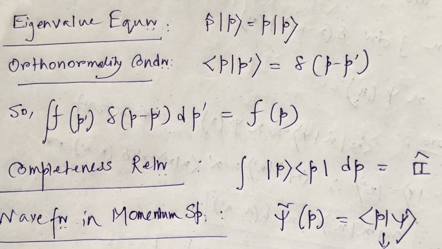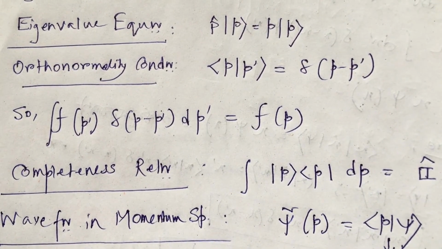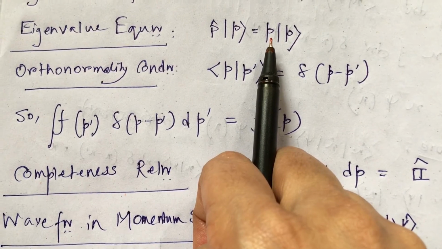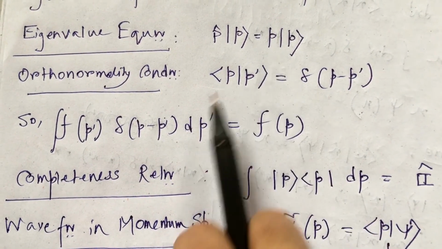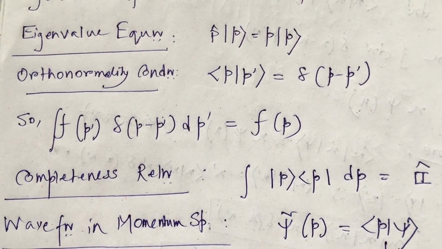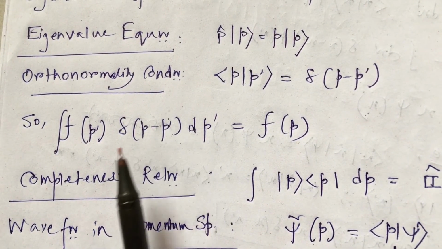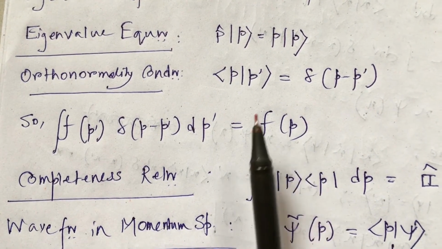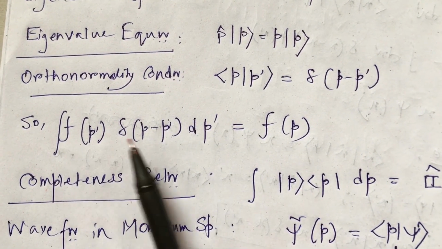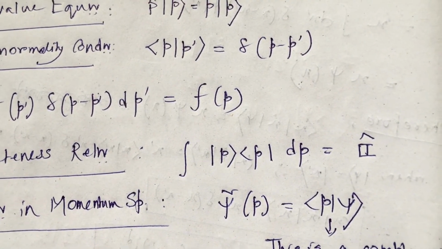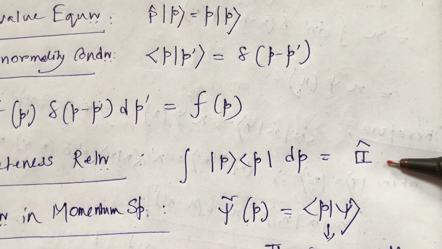The eigenvalue equation in momentum space looks like this. p is the eigenvalue, which is of course continuous now because we are in a continuous space. This is the orthonormality condition. And for any function f(p), I can write this. The completeness relation in momentum space looks like this.